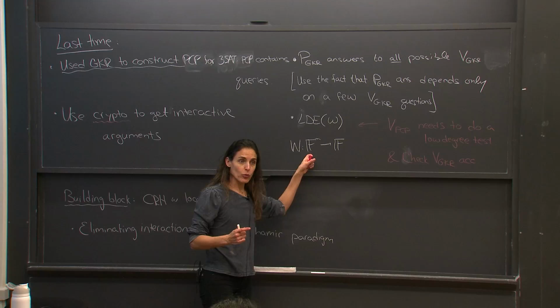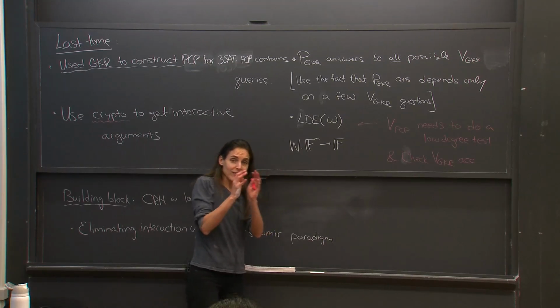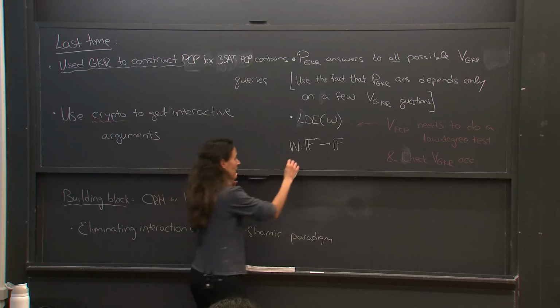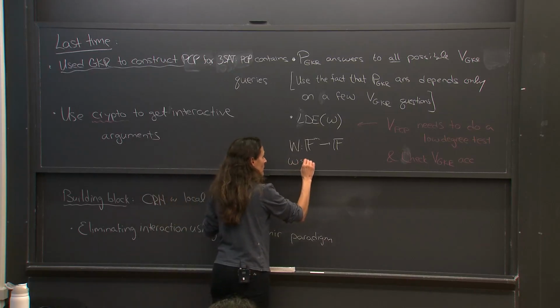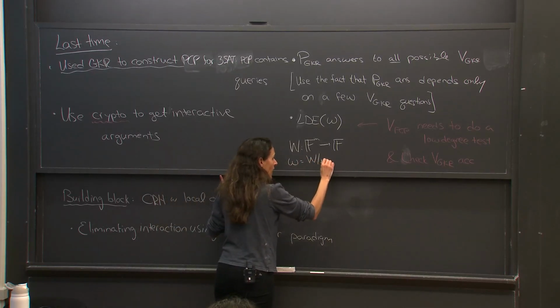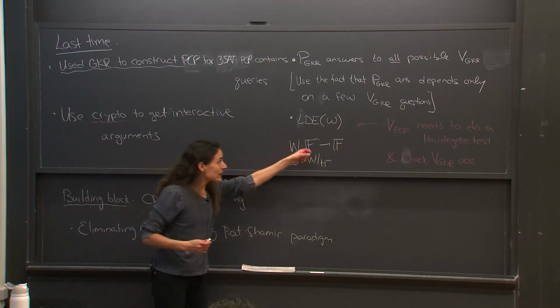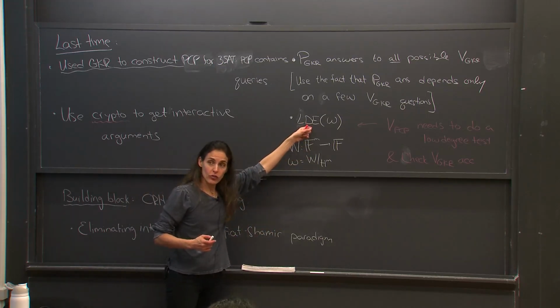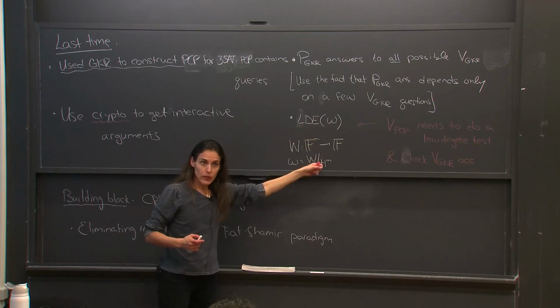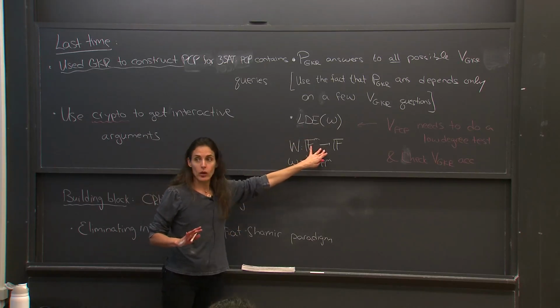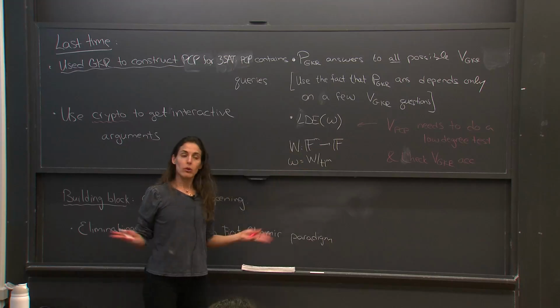If it's of degree H minus 1 in each variable, then it extends the W sitting on H to the m, which is the little cube where W is sitting. If indeed he gave you a low degree extension of some W, then you're good. If this W that he gives you is of degree H minus 1 in each variable, then you're good. But what if it's high degree?